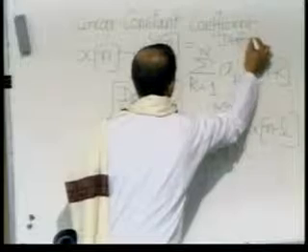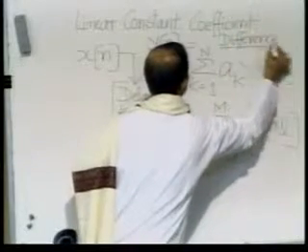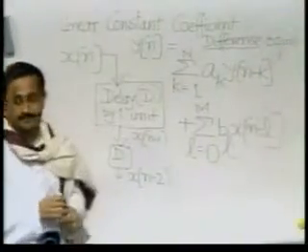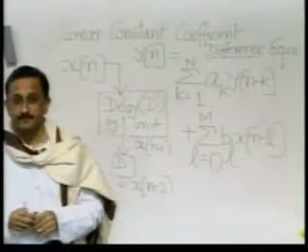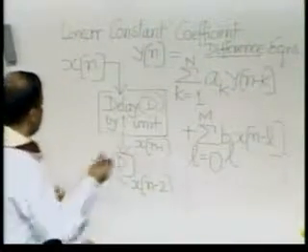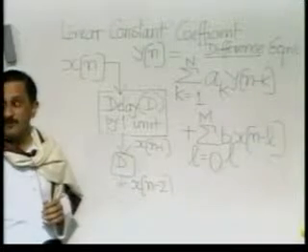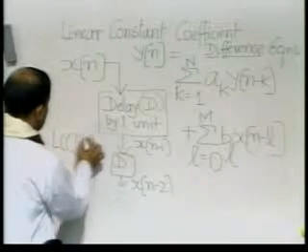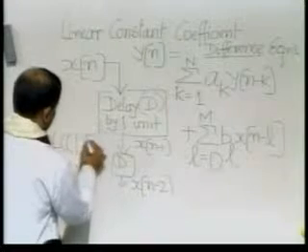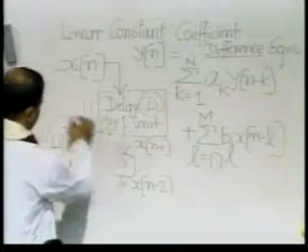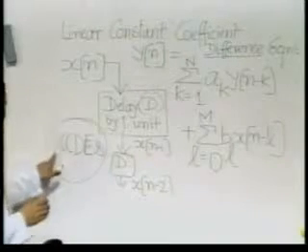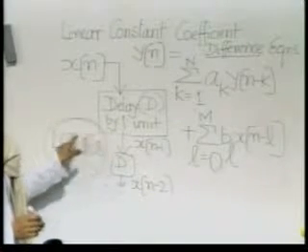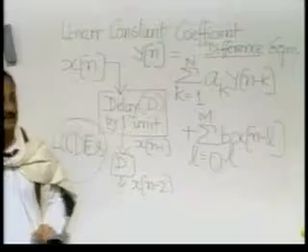The difference is only in the word difference. So, as a mnemonic, both in the continuous variable case and also in the discrete variable case, we have the class of LCC DEs: linear constant coefficient differential equations for the continuous variable case, or difference equations for the discrete variable case.